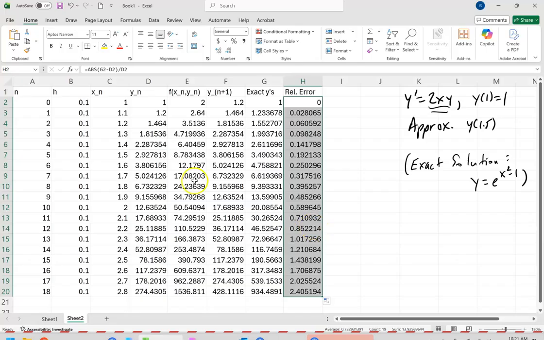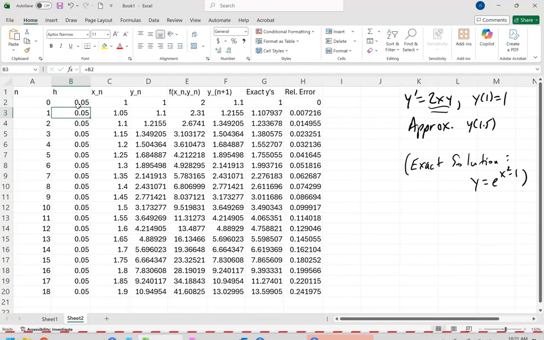Theoretically, we should be able to make our errors better by shortening our step size, right? So the other part in this problem said to do 0.05 instead of 0.1. Here now is our approximation for y of 1.5.